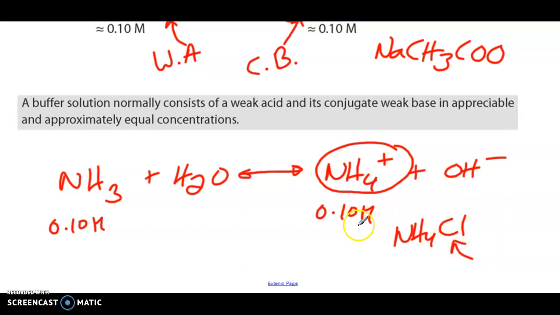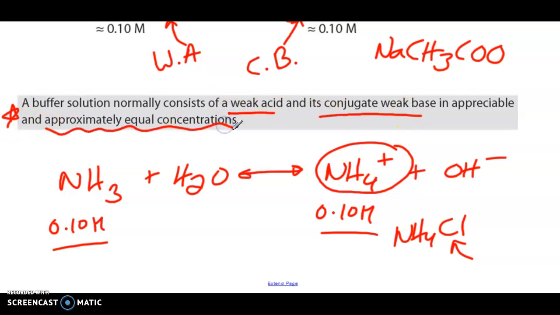So if we were to add in both of these components, we would have our equilibrium be reached, and we would now have what we call a buffer solution. So a buffer solution normally exists with a weak acid and its conjugate weak base in approximate equal concentrations, or if you're dealing with a weak base, it would be with its conjugate weak acid.